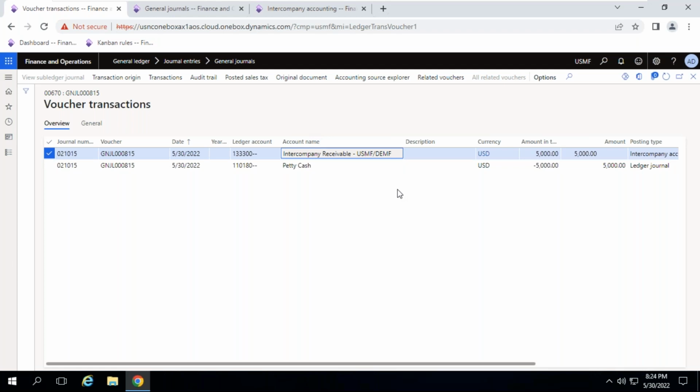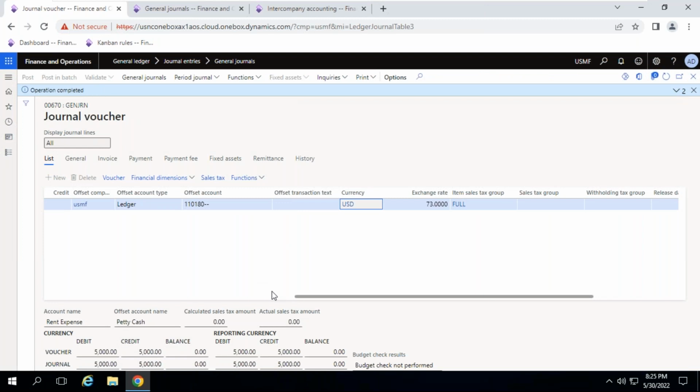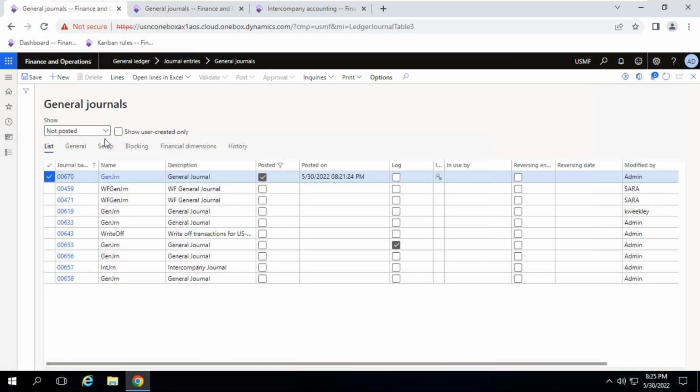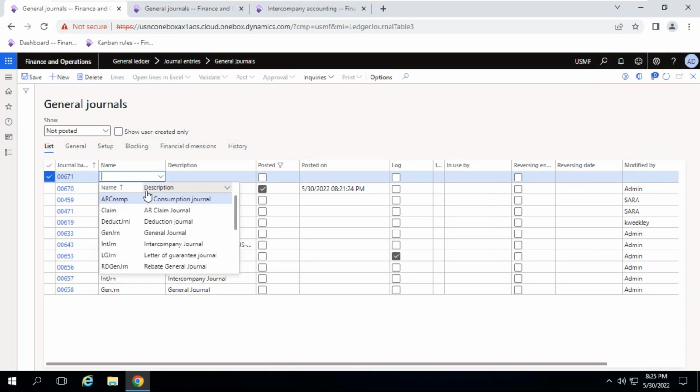Sir, in the USMF company, we select DMF in the line items, right? Yes. Correspondingly, there will be main accounts. Will those main accounts be from the USMF company or the DMF company? This is the DMF company. I have shown it. Look at this one, the journal.